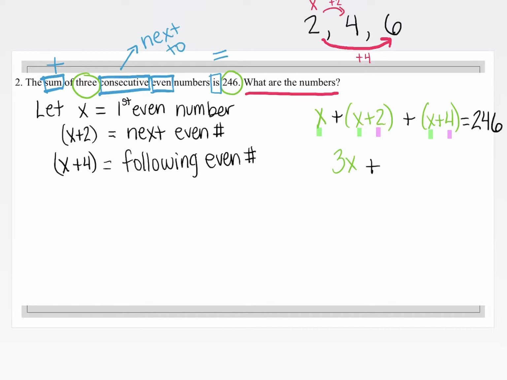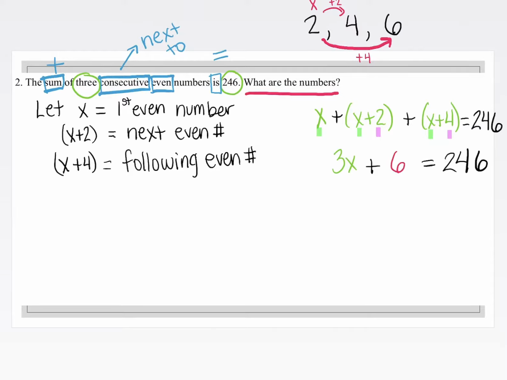And what I'm really doing here, in order to combine these like terms on the left-hand side, I'm really using the associative property because I'm associating different like terms with each other. Now 2 plus 4 gives us 6. So 3x plus 6 gives us 246.